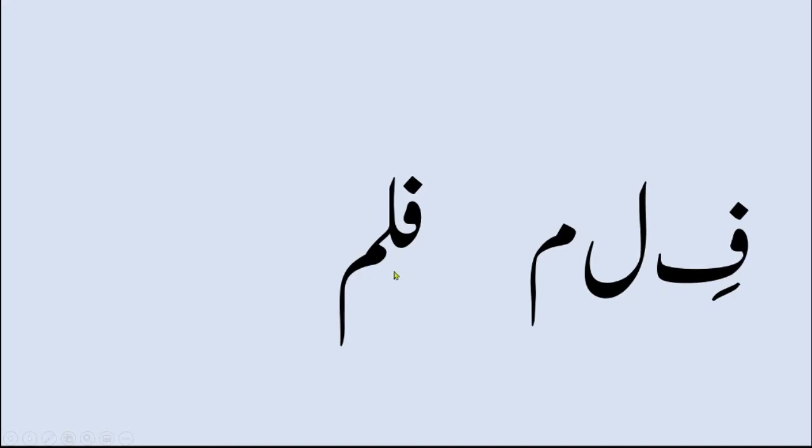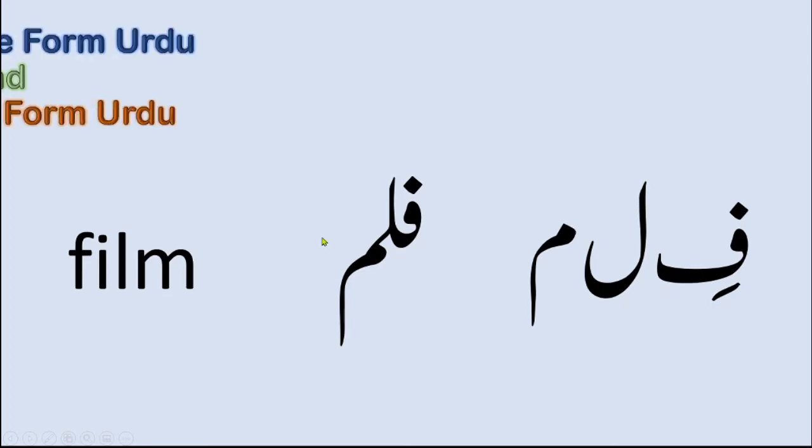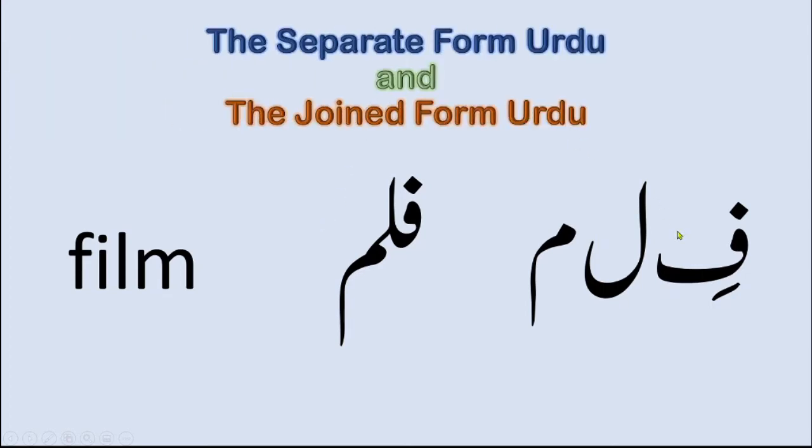This is Urdu written in the joint form. We do not write Urdu in the separate form. We always write Urdu in the joint form. Okay, so that film is actually written like this. You can see that's fe, that's lam, and that's mim.